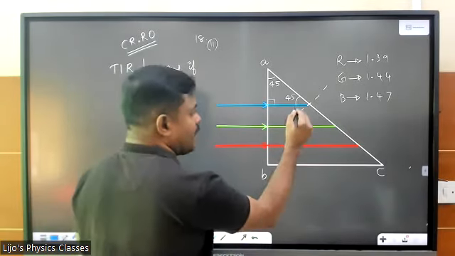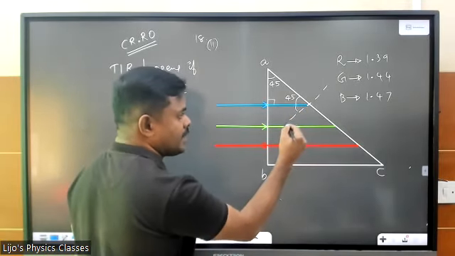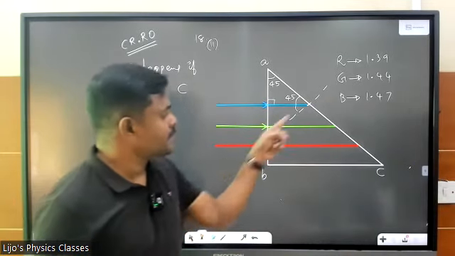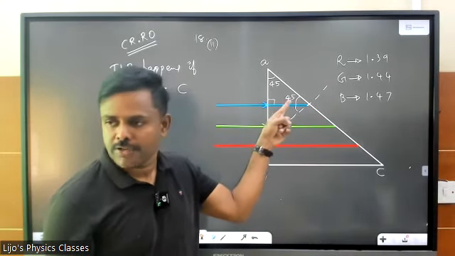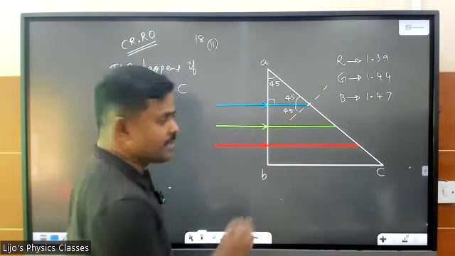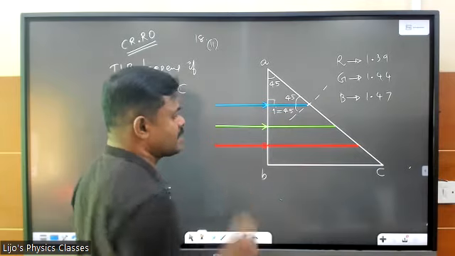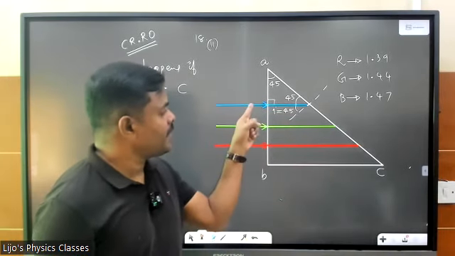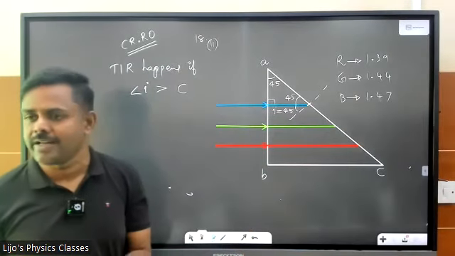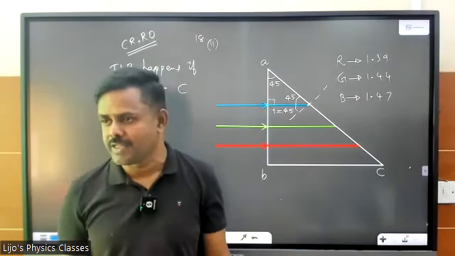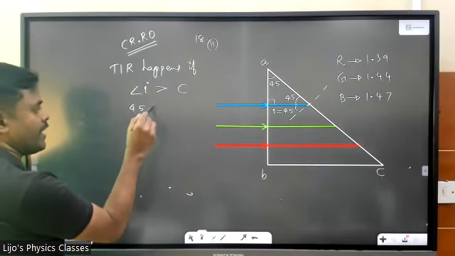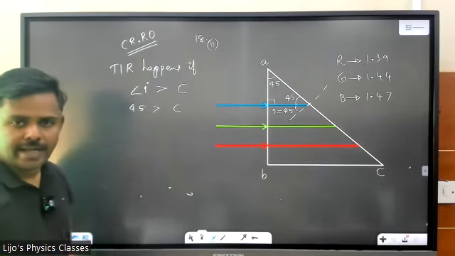So this angle is 90 degrees, because I have drawn a normal here. If that is 45, that will make this angle 45, which is my angle of incidence. Why? It is the angle between the incident ray and the normal. So the condition is: angle of incidence 45 should be greater than the critical angle.